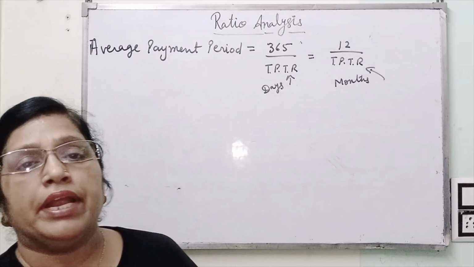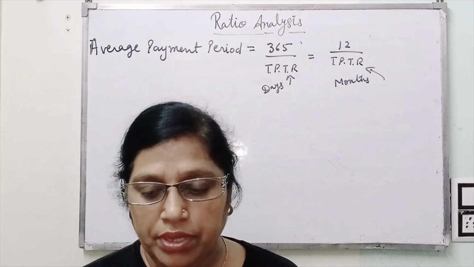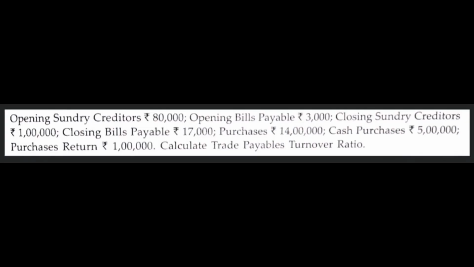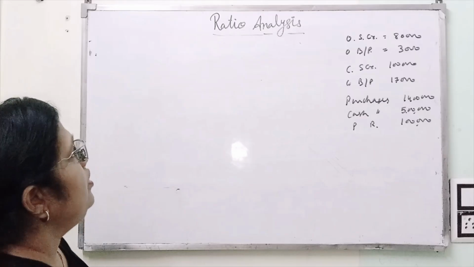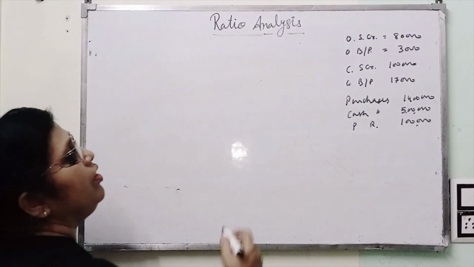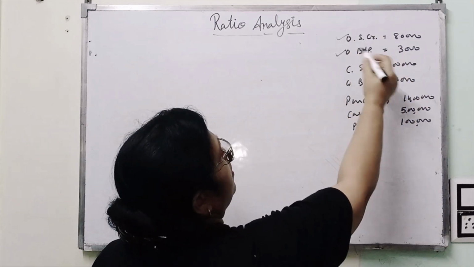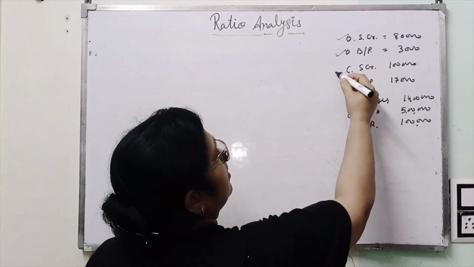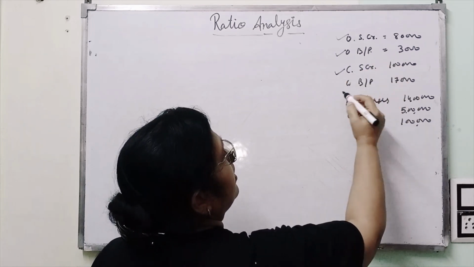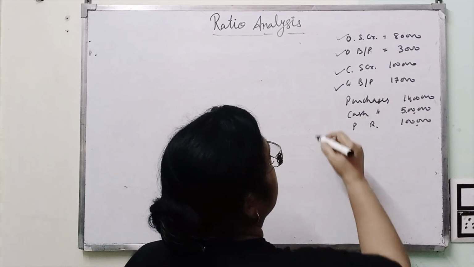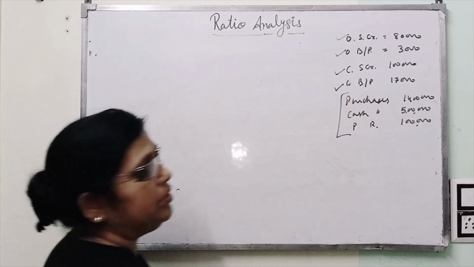Now we will do a practical problem related to this topic, and the problem is on your screen. In this problem, we are given opening sundry creditors 80,000, opening bills payable 3,000, closing sundry creditors 1 lakh, closing bills payable 17,000, and these are all related to purchases.